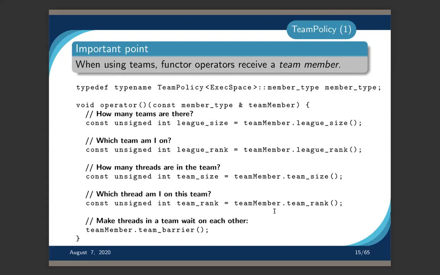One important thing to note here is, while we give you a team barrier, the semantics of teams are such that you couldn't actually legally write your own team barrier. It would be a legal implementation of Kokkos teams to have a compiler which executes a team, even with a team size of like 8, on a single thread.